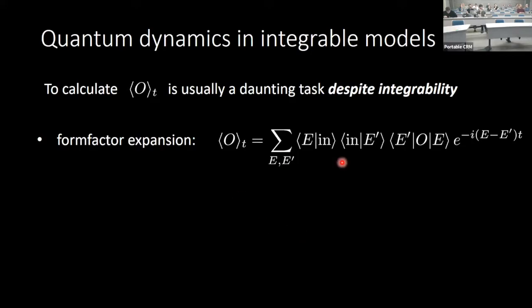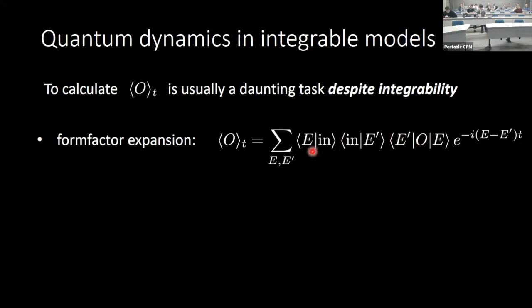It is written here, so let's look at this formula. It has several ingredients, and it is a sum over eigenstates of our integrable model, which we know from, say, Bethe ansatz or Jordan-Wigner transformation for free fermionic models. It is a double sum, so we have to calculate first the diagonal and non-diagonal expectation values of our observable.